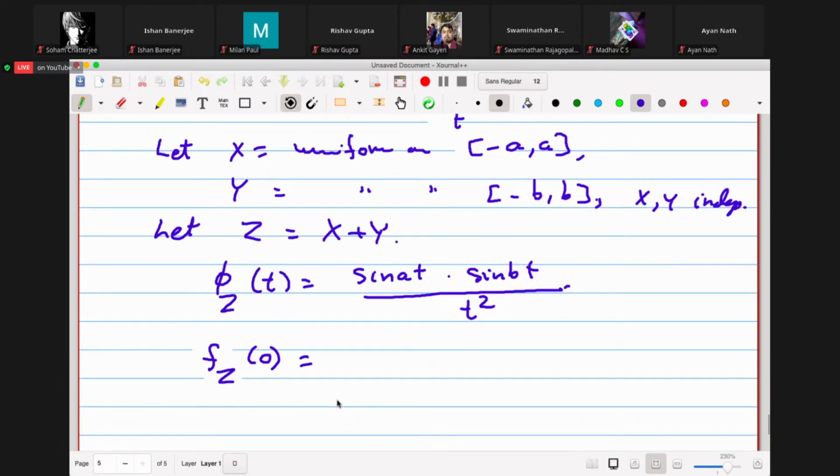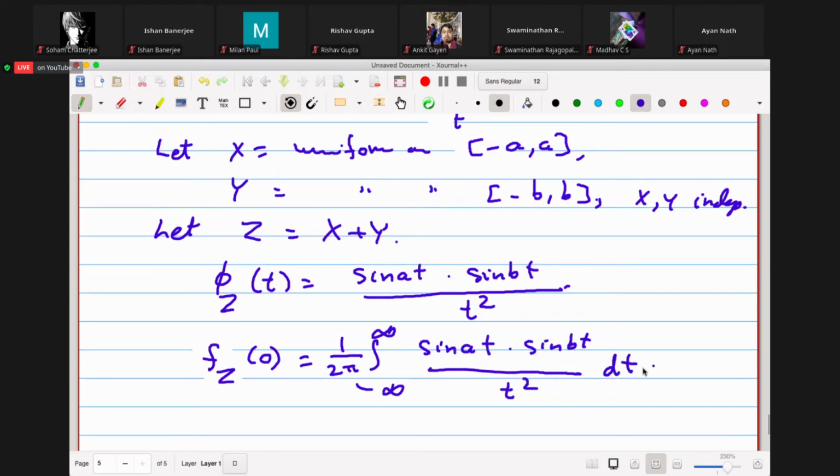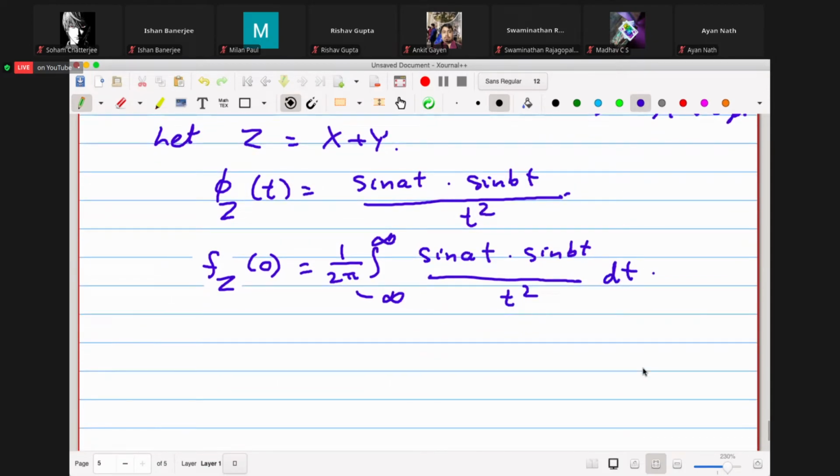And once you do that, you have the following formula: one by 2 pi, integral from minus infinity to infinity of sine at sine bt divided by t squared dt. Let us not forget that. Now if you can independently compute what this is, then it's a very simple matter to find what the answer is.